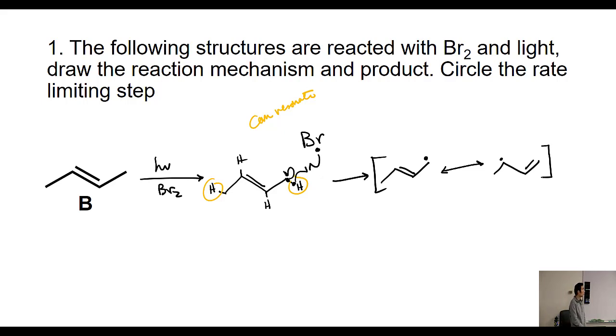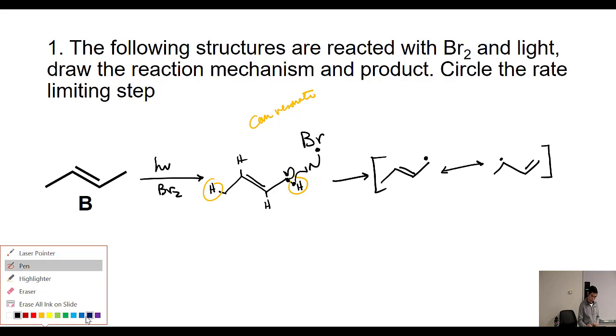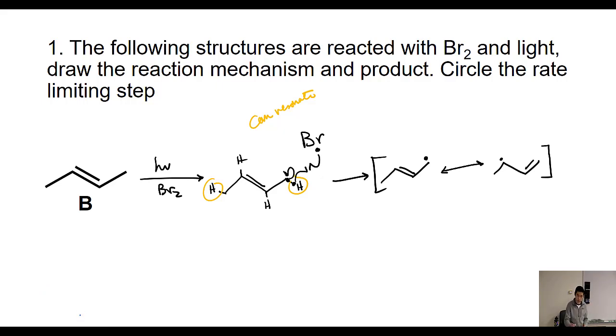Okay. Between these 2 resonance structures, which position is preferred? All right, so what kind of structure is this? This is going to be primary resonating. Okay? And this one's going to be secondary resonating.